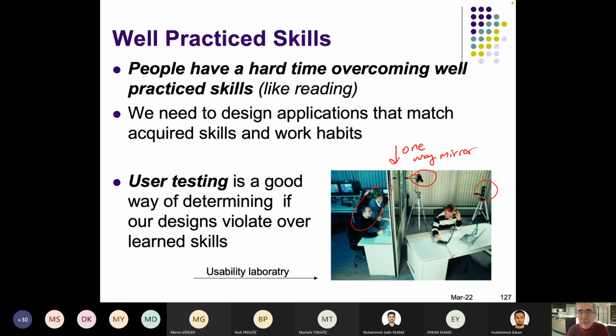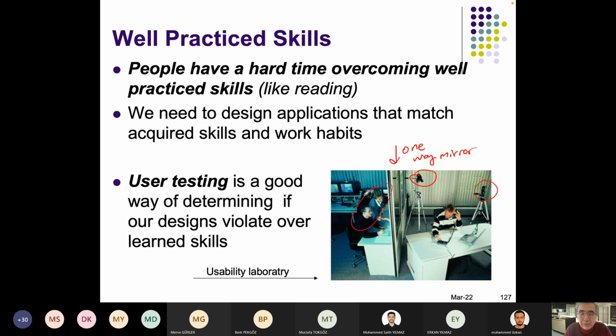Let's say half of the research done in human-computer interaction is based on testing and experiments. Since we are dealing with humans, there is no analytic solution for many problems. There are reasoning issues, but an analytical solution is usually not possible. Therefore, to understand many things, we do experiments.